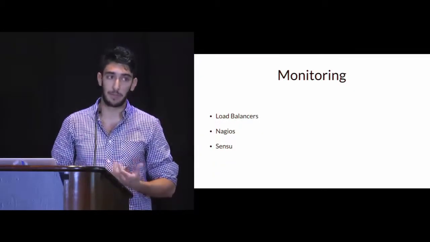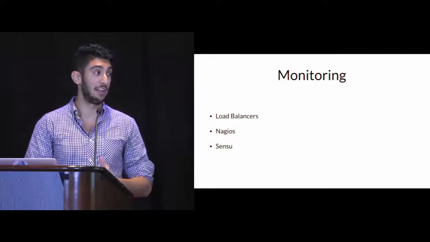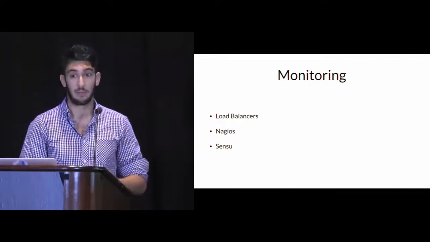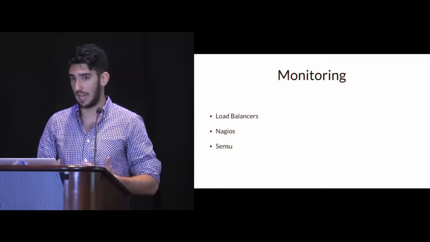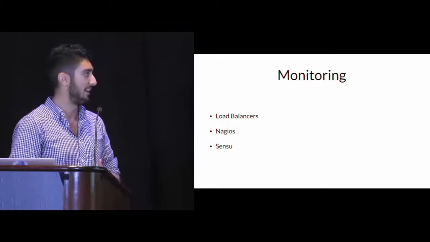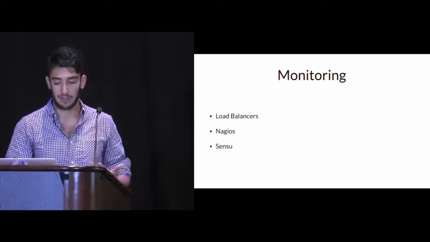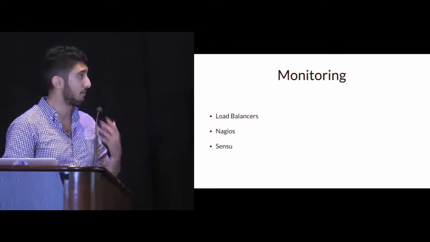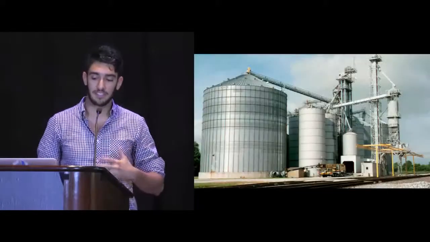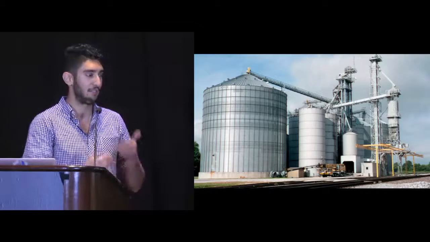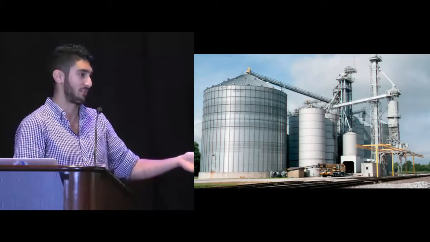Similarly, monitoring has been a big problem forever. It's not a new issue. So like I said, we can rely on load balancers to be doing application-specific checks. Nagios and Sensu are very broadly deployed. But they suffer from a different problem, which is they basically act as knowledge silos, right? The goal of Nagios is not to feed information back into your service discovery tool.